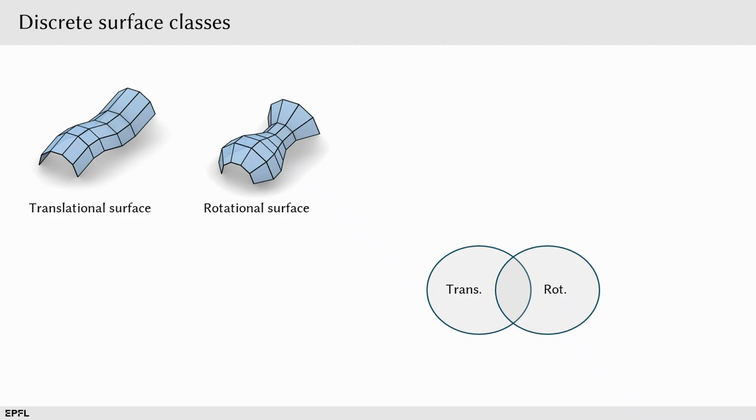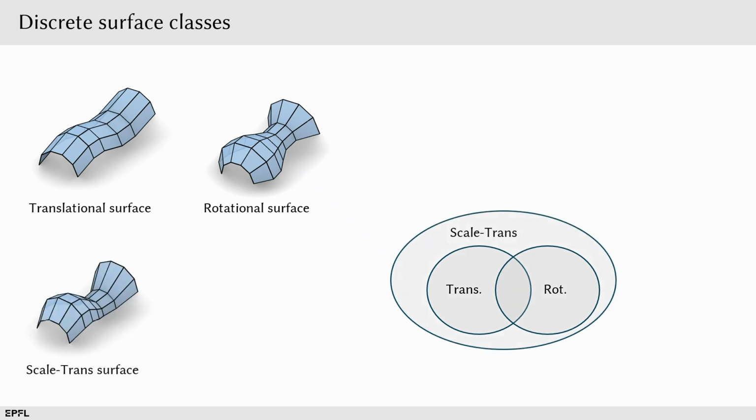Now back to the four classes of surfaces that we have just introduced. We can now analyze their relationship in the discrete case, so the one we are looking at right here. Rotational and translational surfaces are different sets with non-empty intersection. Think, for example, of a cylinder that can be generated by translating a line segment along a circle.